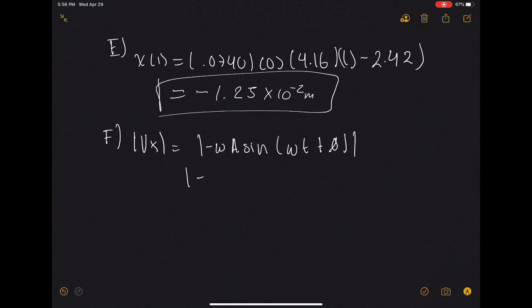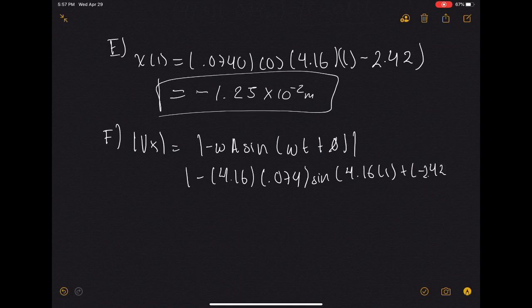So negative 4.16 times 0.074 times the sine of 4.16 times 1 plus negative 2.42, and that's gonna give us 0.303 meters per second.